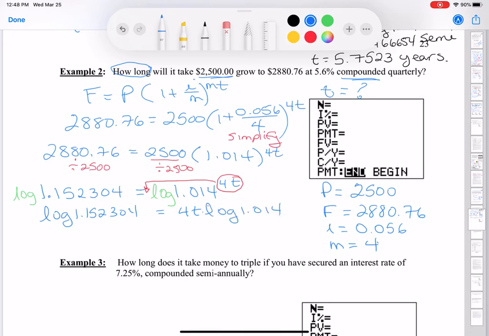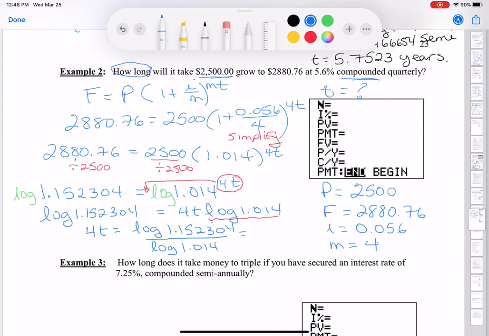And now I'm going to divide both sides by log of 1.014, to get my 4t isolated. So 4t is equal to the log of 1.152304 divided by the log of 1.014.